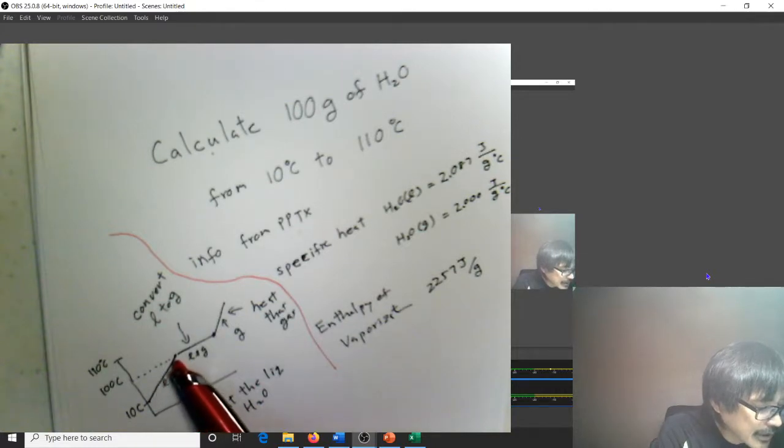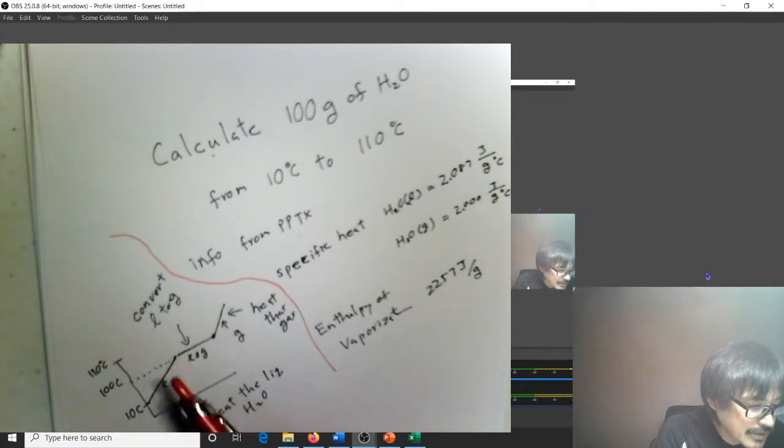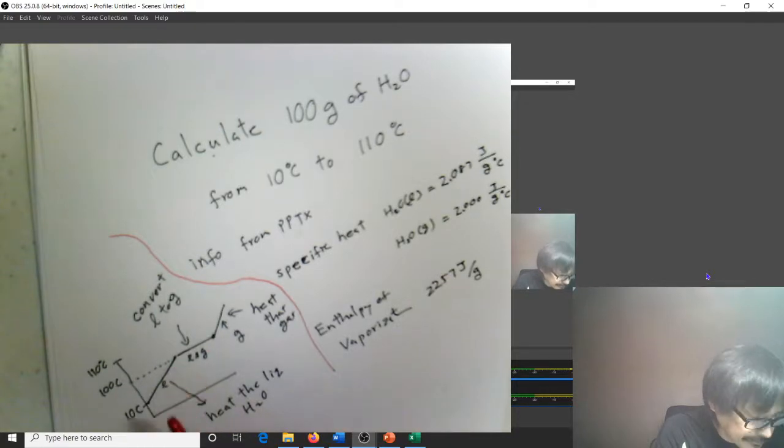So we start out from 10 degrees Celsius water, and then we're gonna heat up everything to 100 degrees Celsius. It's all liquid, right? And then once you hit 100 degrees Celsius, the temperature isn't gonna go up. At this point, the only thing you're doing is converting liquid to gas.